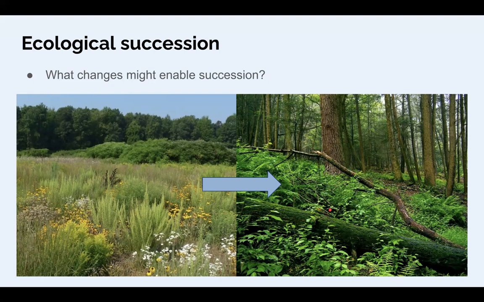So soil conditions and fire, as I mentioned, can be a deterrent to trees getting established. As far as enabling succession, this is something that sometimes happens as a result of changing, a lot of times these days, management strategies. So if humans are involved and humans are no longer burning the habitat, for example, then trees and shrubs can take over and enable some succession.